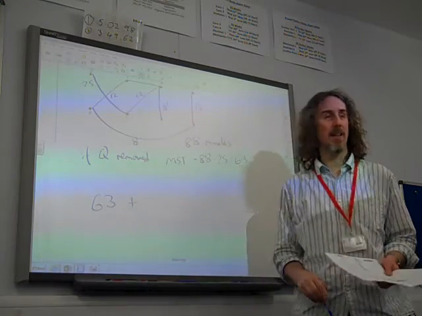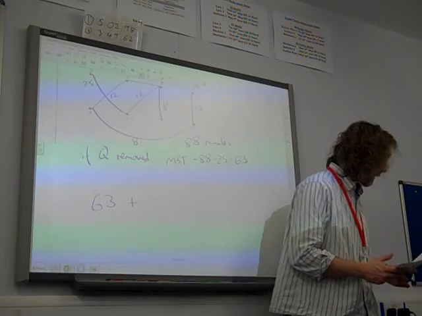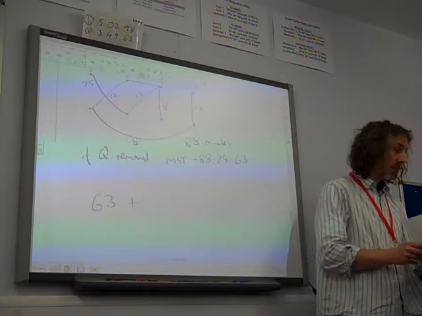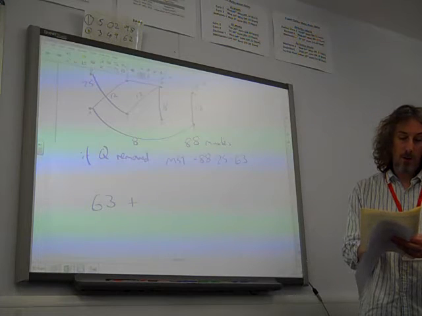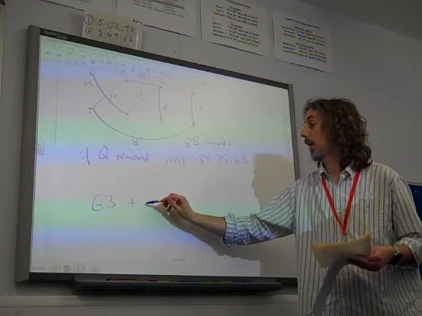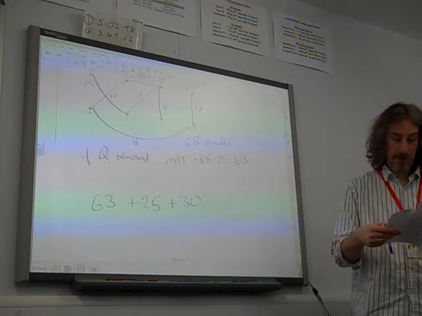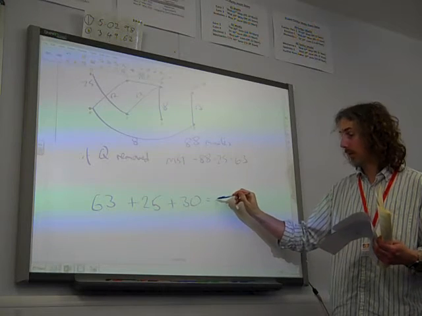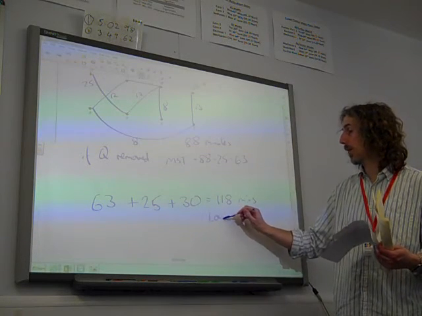We now need to add in the 2 shortest edges that connect Q. We've got a table that tells us all of the ones that Q is joined to. The 2 shortest ones in the Q column are 25 and 30. So it's 25 and 30 added back in, giving us a lower bound of 118 minutes.